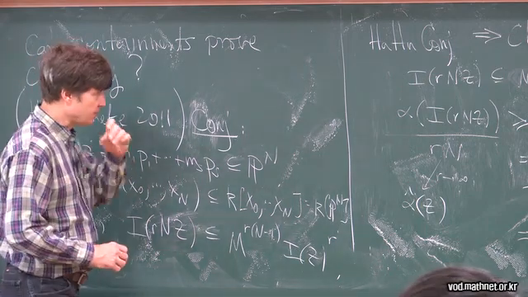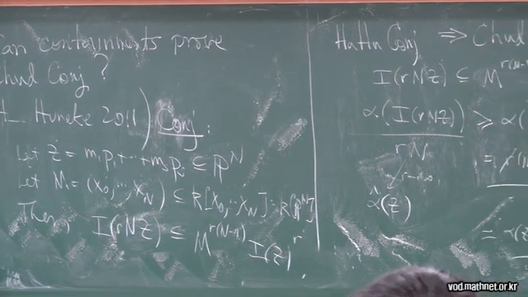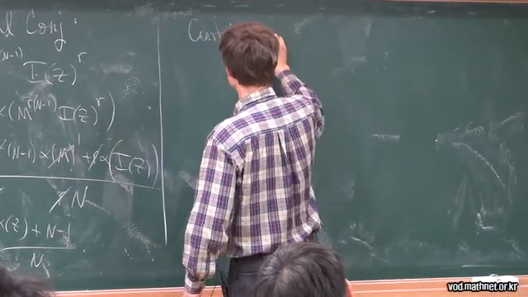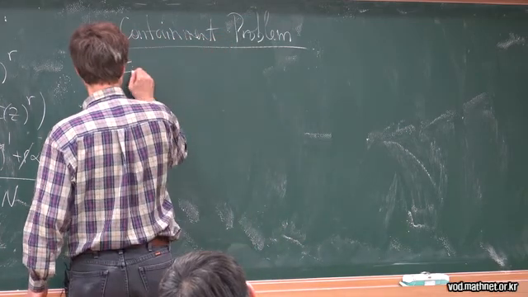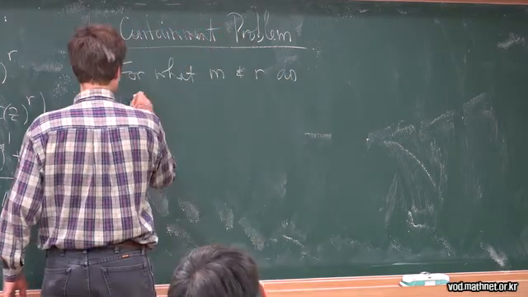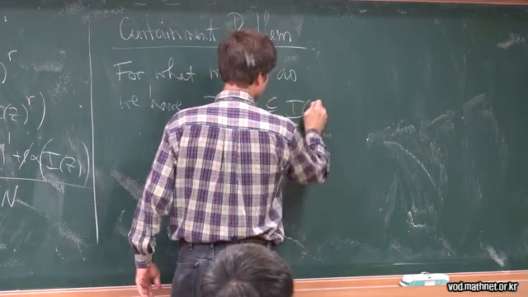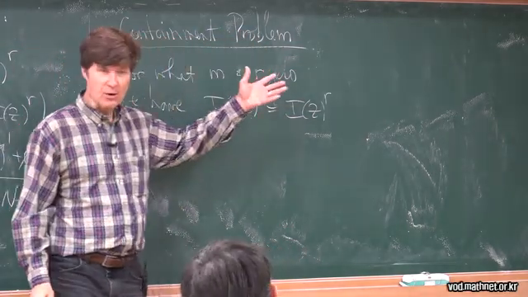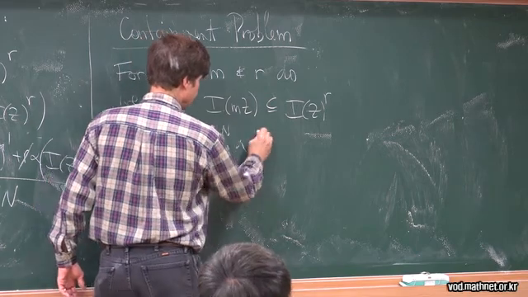Yeah, so the containment problem is, let me talk about that in the last few minutes. The containment problem: for what m and r do we have the ideal of m times Z contained in the ideal of Z to the rth power, given a fat point scheme?